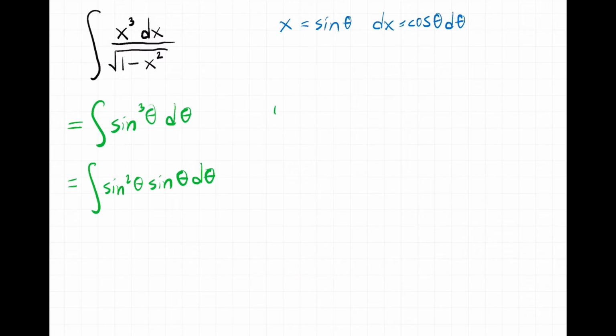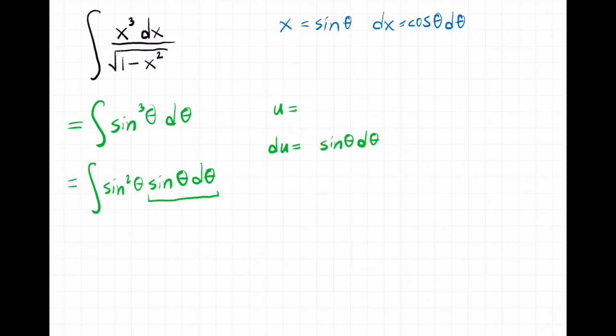We're going to let our u equal a function of our existing variable. And we want our du then to be the derivative of that function. Now, we see that we have a sine theta d theta sticking out here, so let's let our du be something related to sine theta d theta. But our u, therefore, has to be the function whose derivative is our du.